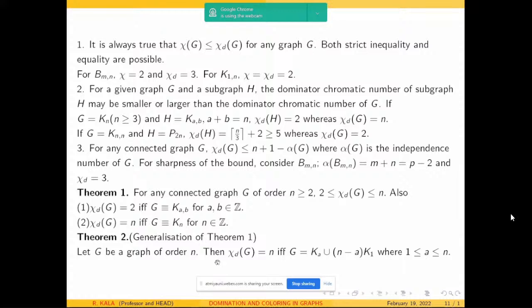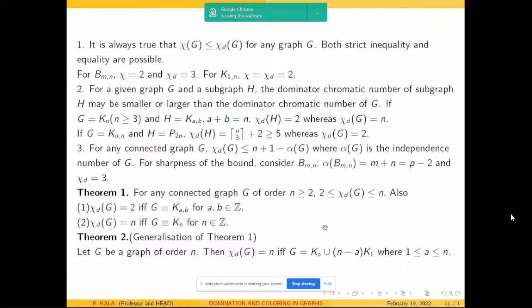And this is a generalization, if the connectedness is removed. If you take any graph of order n, then chi d equal to n if and only if, instead of K n, I have a K a union all the other components being trivial graphs. So what I want to prove is that it can have only one non-trivial component; every other component should be trivial.